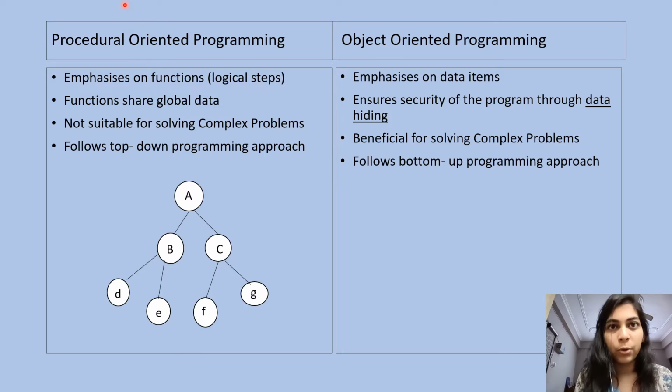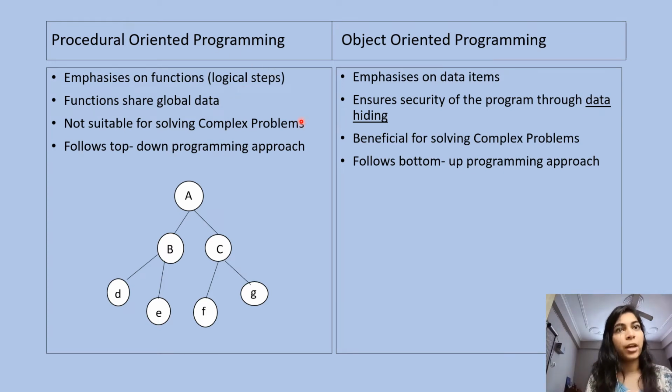Object oriented programming is a modular approach which allows the data to be applied within a stimulated program area, right? It also provides reusability feature to develop productive logic, which means it gives more emphasis on data, right? Now, functions in procedural oriented programming share global data, right?